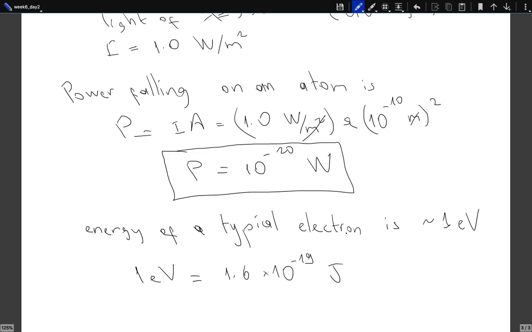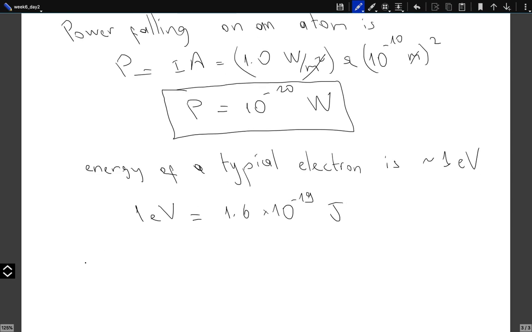So you see, we are inputting 10 to the power minus 20 joules per second, and we need 10 to the power minus 19 joules for a single electron to be released. How long will it take? Typically 10 seconds.